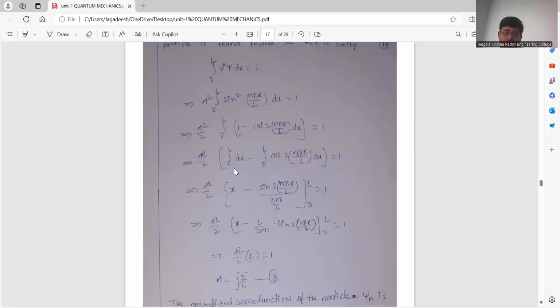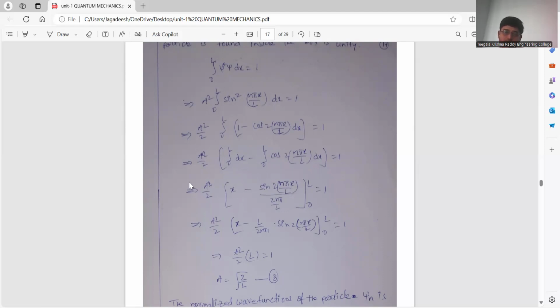A square by 2 times x, minus the integration of the cosine part, which is sin 2n pi x by L divided by 2n pi by L, with limits 0 to L, equal to 1. The sine part simplifies to 0.